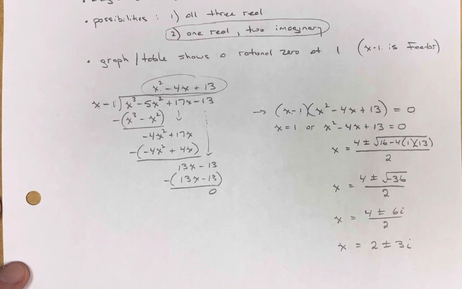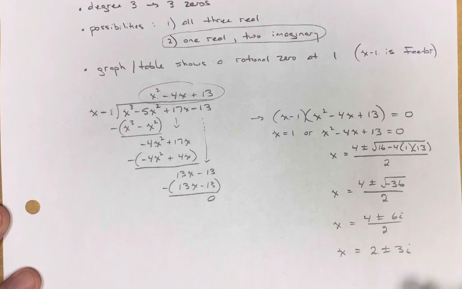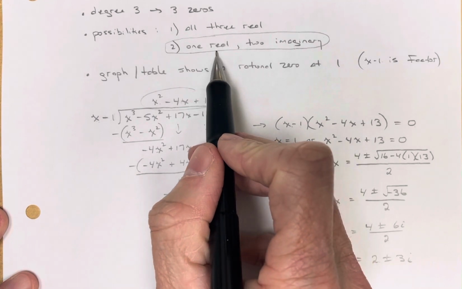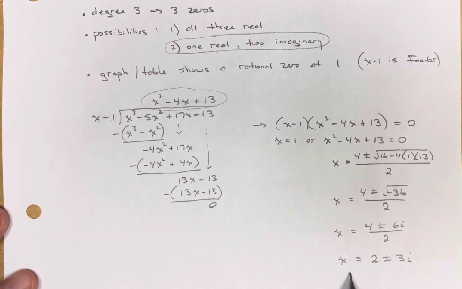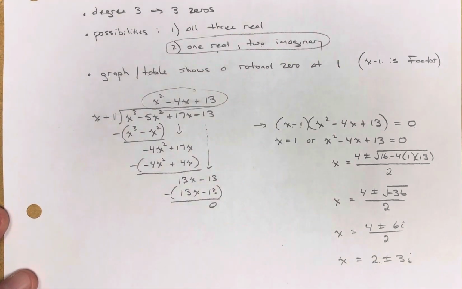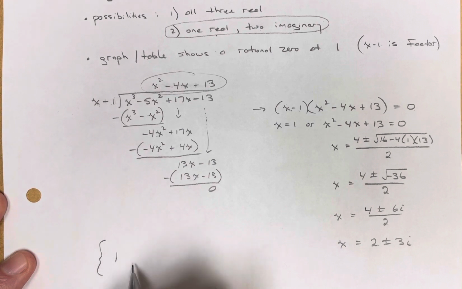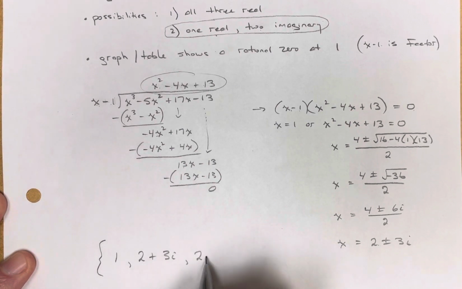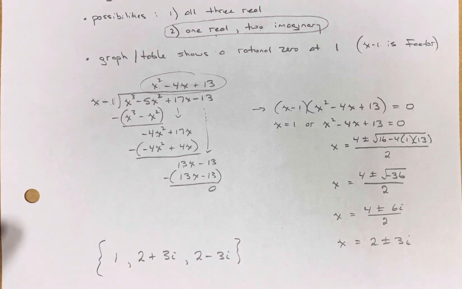As we know, our imaginary answers always come out as conjugate pairs, but now I have all three zeros. Let's remind ourselves, we knew we had one real, here's the real one, and we knew we had two imaginary, and here are the two imaginary ones. So my solution set, I have a 1, I have a 2 plus 3i, and I have a 2 minus 3i. Those are my zeros.